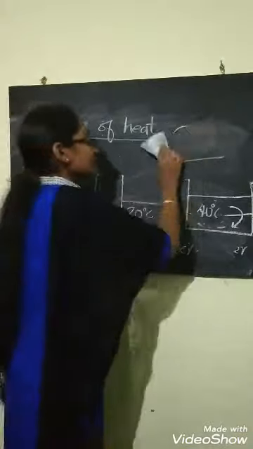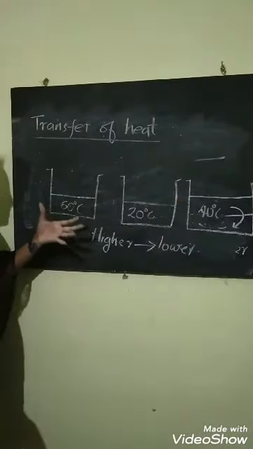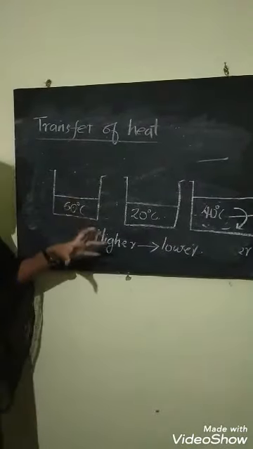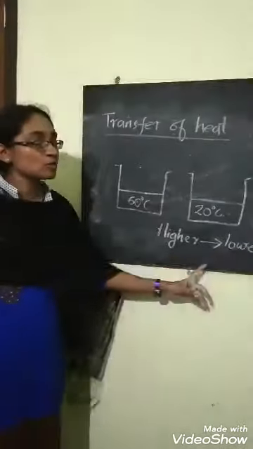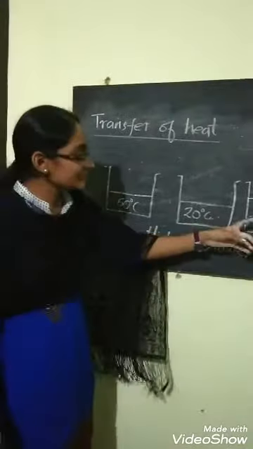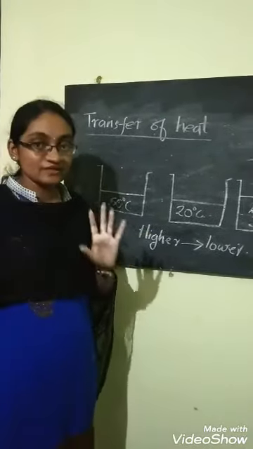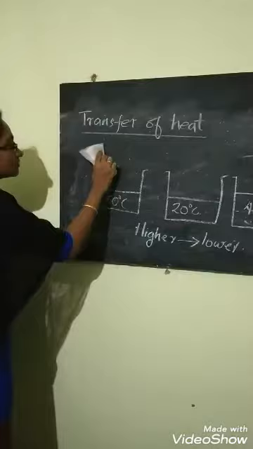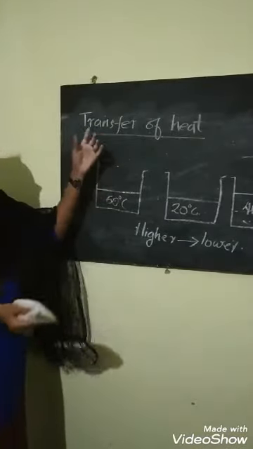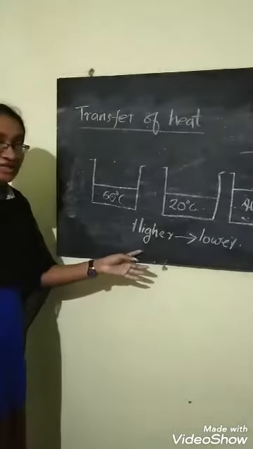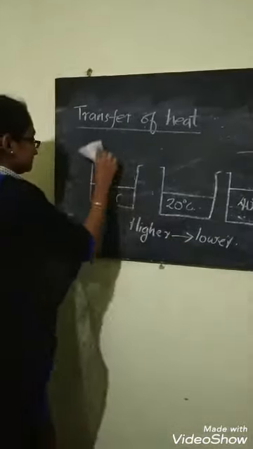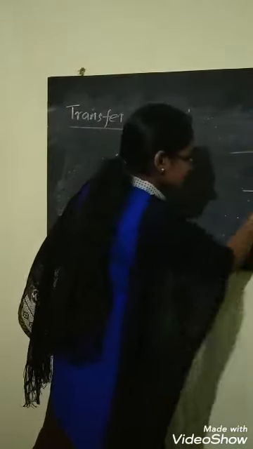You just want to understand that when we mix two bodies having different temperatures, the heat will flow from higher temperature to lower temperature. That is happening here. This is the first point. So, we said that the transfer of heat happens between two bodies from higher temperature to lower temperature. This is the first example.